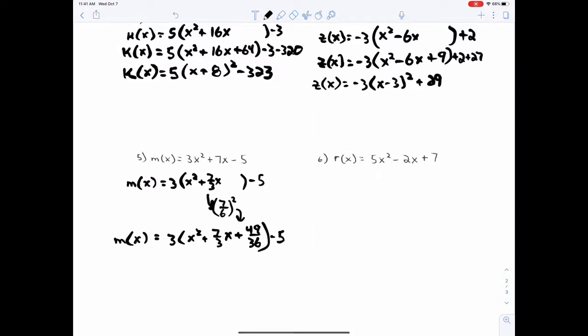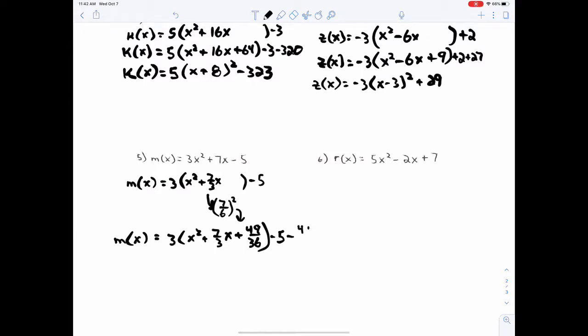So when I wrote plus 49/36, what did I actually add to that side of the equation? What quantity was not there before? That's 3 times 49/36. So I have to subtract it. And what's 3 times 49/36? Well, it's not 147/36.